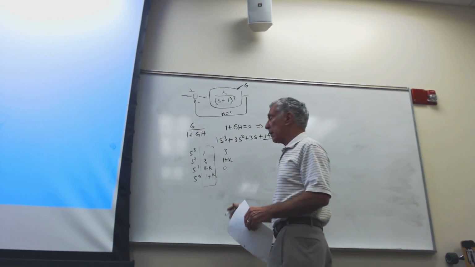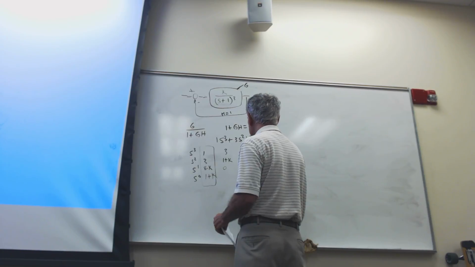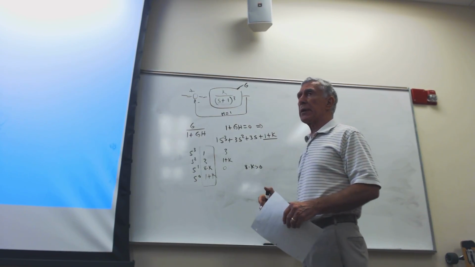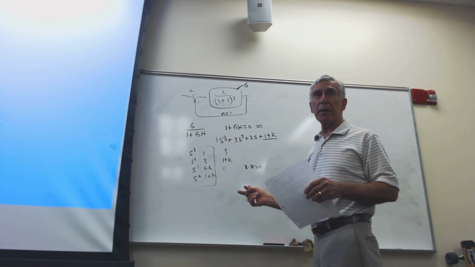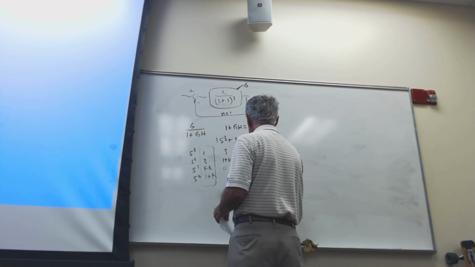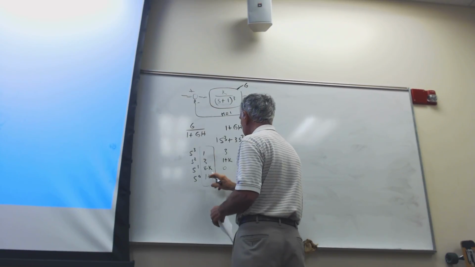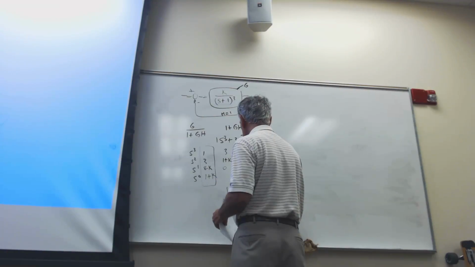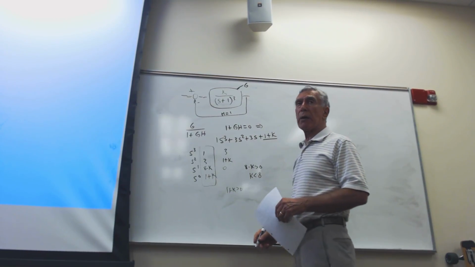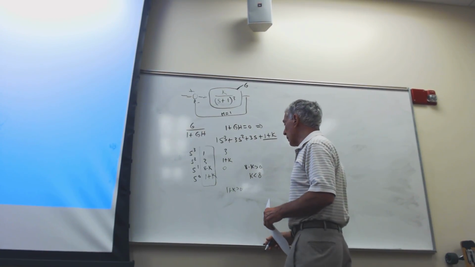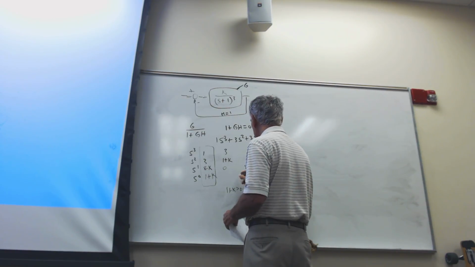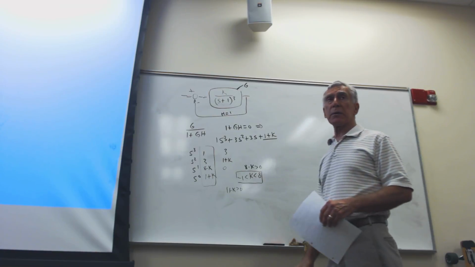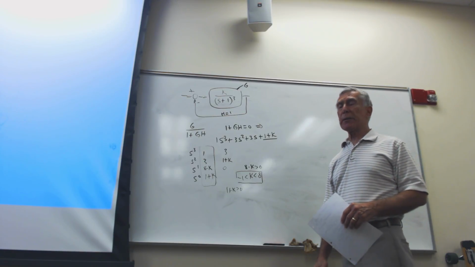And what that means is that 8 minus K has to be greater than 0. We have to be careful in this, right? It's a greater than. And so what that means is that K has to be less than 8. And here, 1 plus K is greater than 0. It means K is greater than minus 1. K is greater than minus 1. So the range of gain K for stability is K on that range.